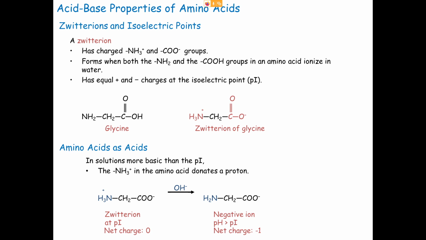Germans are really good at coming up with words like this. So it's a 2-charged molecule of glycine. All your amino acids tend to exist in solution in their Zwitter-ionic form. They'll have a positive charge on the amino group and a negative charge on the carboxyl group, but overall, no net charge.